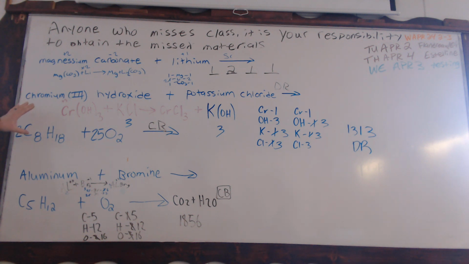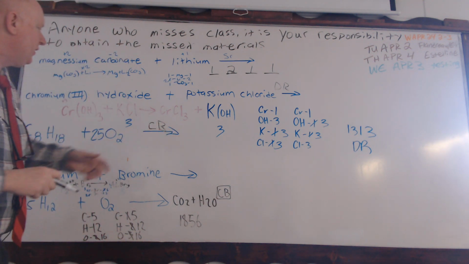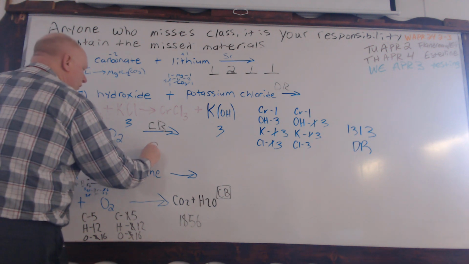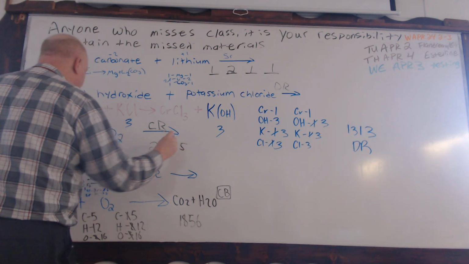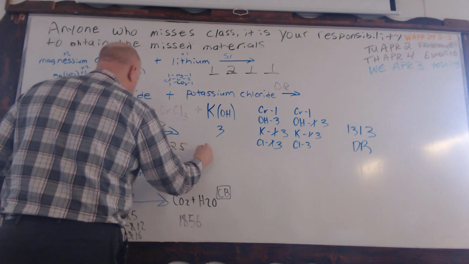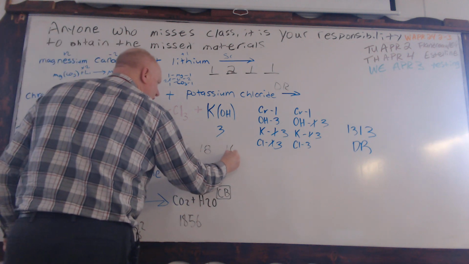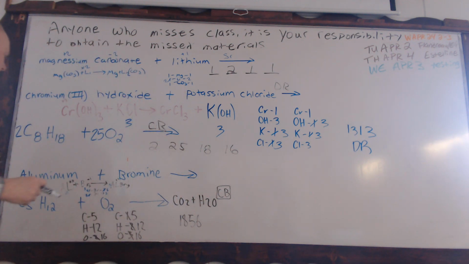Because it's an even number, okay? What's going to happen is if you don't do that right away, it's going to take you a little longer to figure this out, okay? So a combustion reaction, which is 2, 25, 18, and then 16. Those are your 4 coefficients, okay?